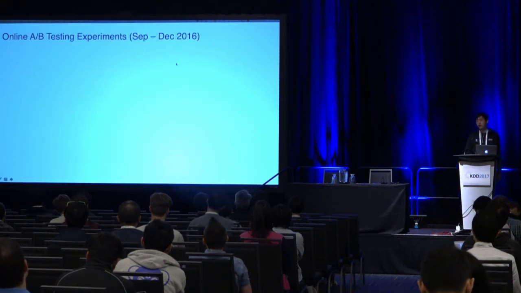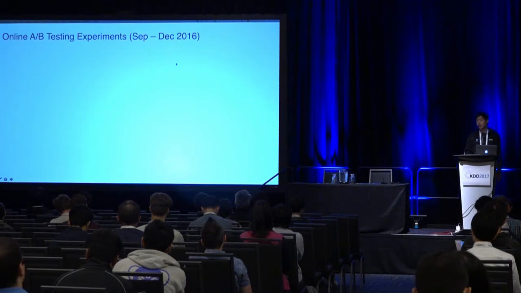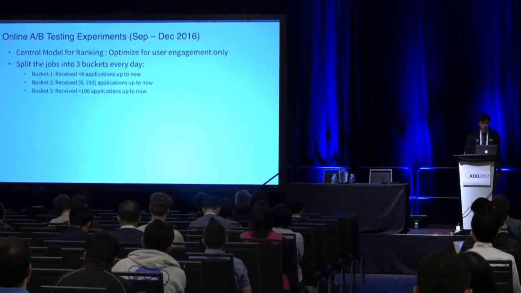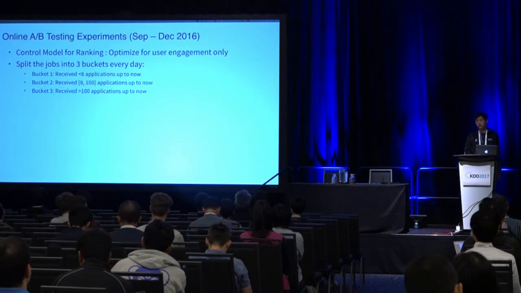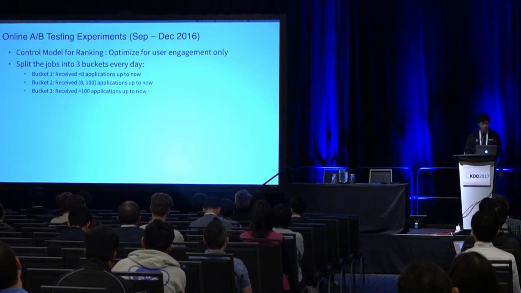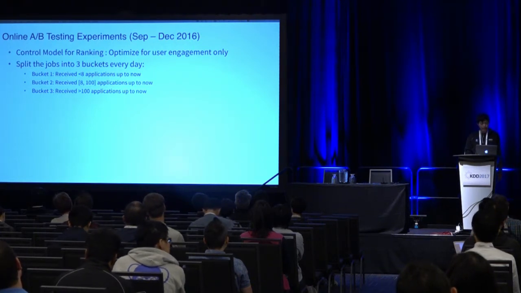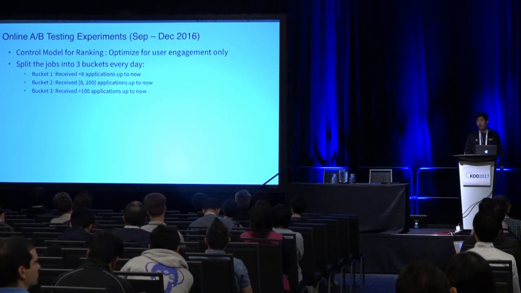So we also did this in our online A/B test from September to December 2016, where our control is basically, let's just simply optimize for the user engagement only. And the treatment is basically, let's do this and see what happens, right? To better analyze what has happened, we split our jobs every day into 3 buckets.